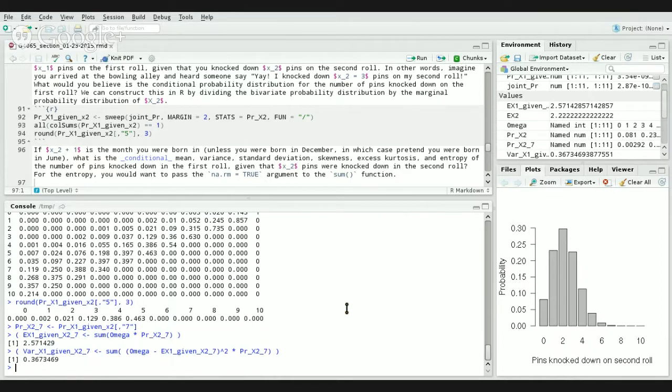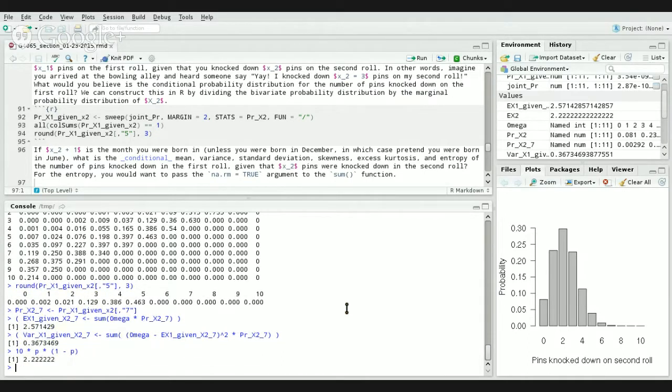In this case, the variance is 0.367, which is very small relative to the marginal variance, which again was 10 times the probability of success times the probability of failure.